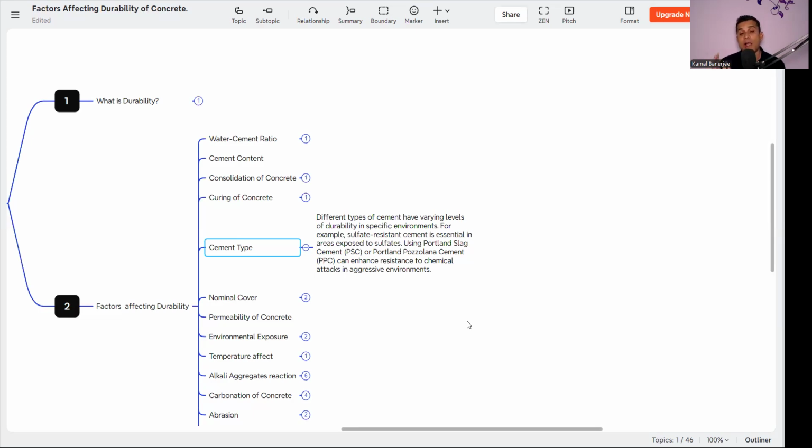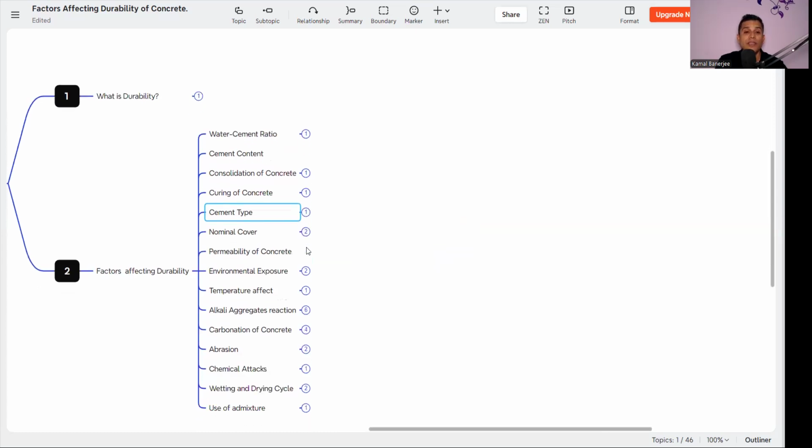According to your requirement, you need to choose what type of cement is suitable for your concrete. Then again, Portland slag cement or Portland pozzolana cement can achieve resistance to chemical attacks in aggressive environments. So what type of cement we are using is also important.